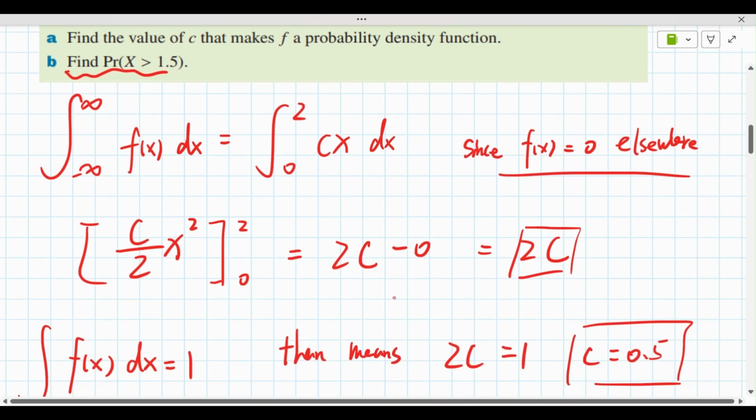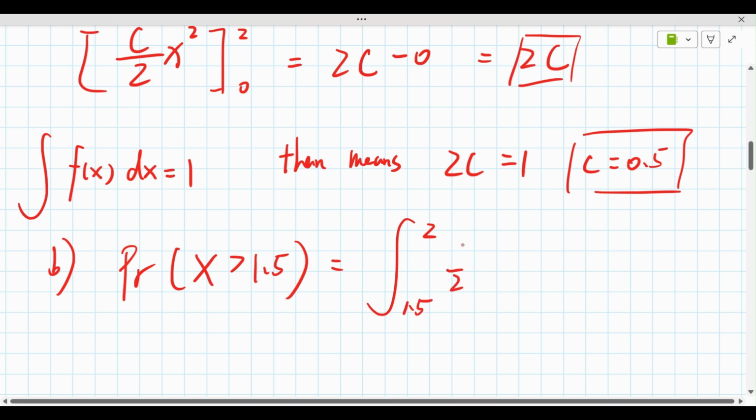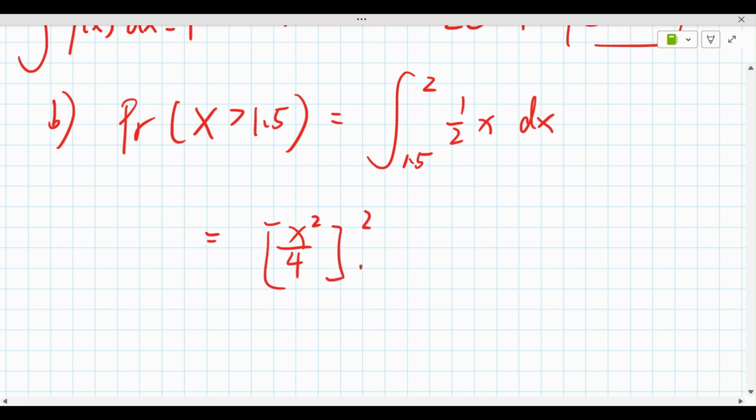Now what we need to figure out is the probability for 1.5. For question B, the probability that x is greater than 1.5 equals the integral from 1.5 to 2 of 0.5x dx. Figuring this out, it equals x squared over 4, from 1.5 to 2.